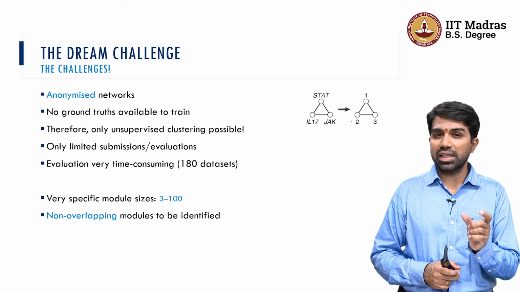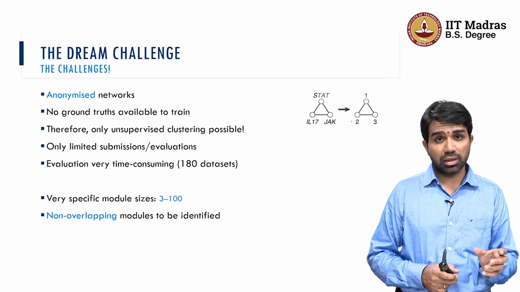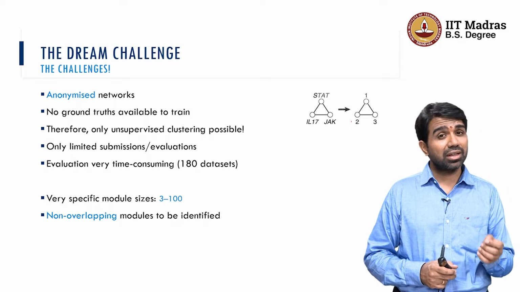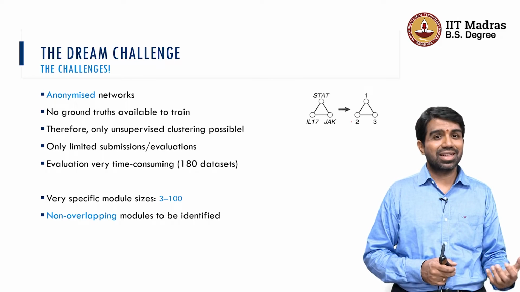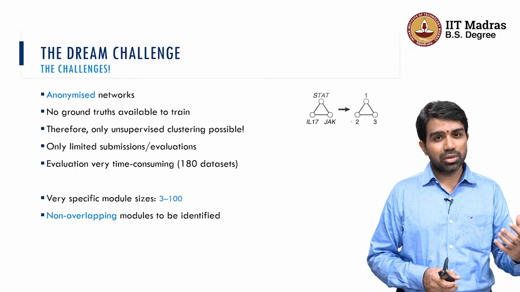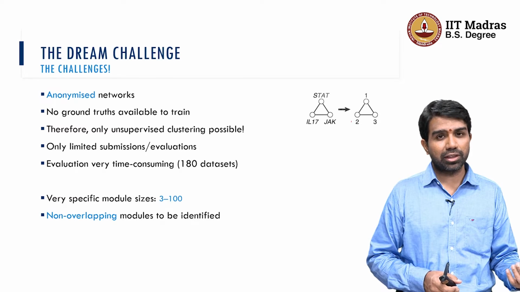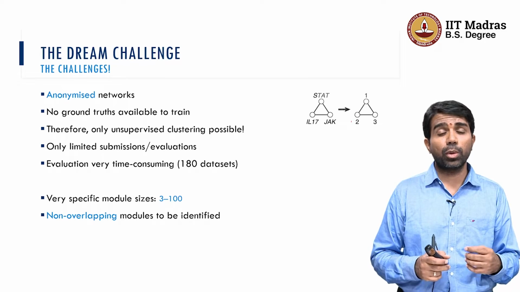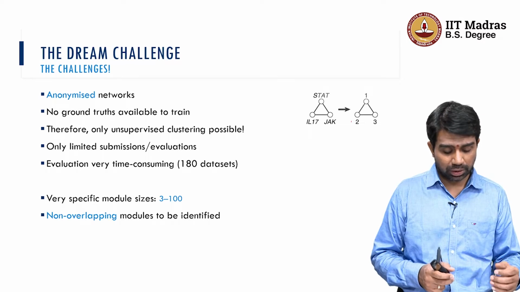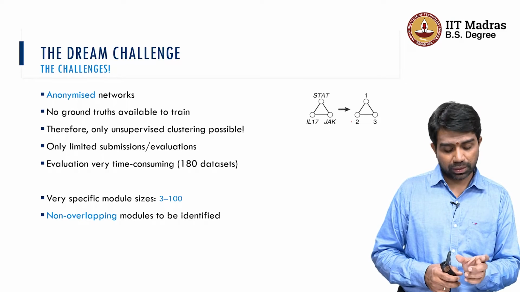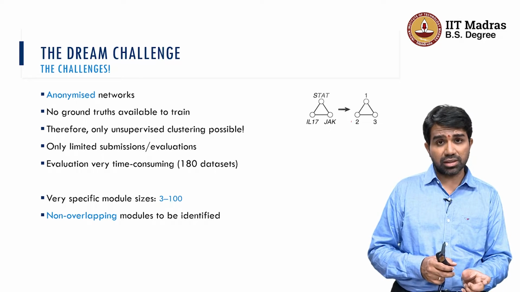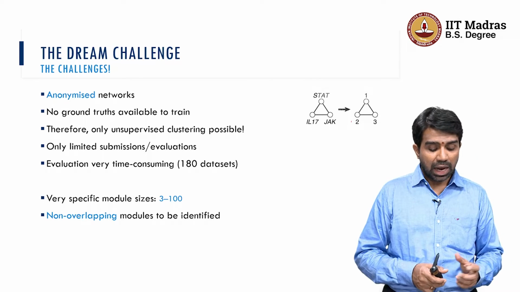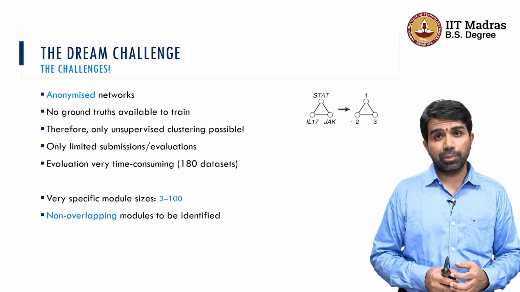This was a central restriction to this challenge, and clearly a challenge for the classic community detection algorithms, because the classic clustering and community detection algorithms would predict modules of arbitrary size. There was no obvious way to tune them to have module sizes in this prescribed range. We also had to identify non-overlapping modules.